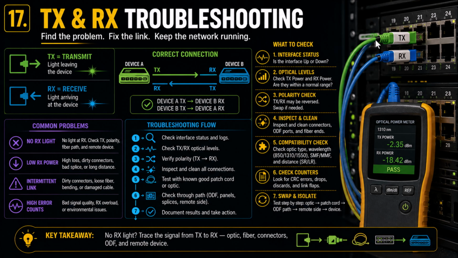If there's no received signal, start tracing the path. Is the local transceiver transmitting? Is the fiber connected correctly? Is the polarity correct? Is there an ODF or patch panel in between? Is the remote optic installed and working? Thinking in terms of TX and RX gives you a logical way to troubleshoot the physical path.